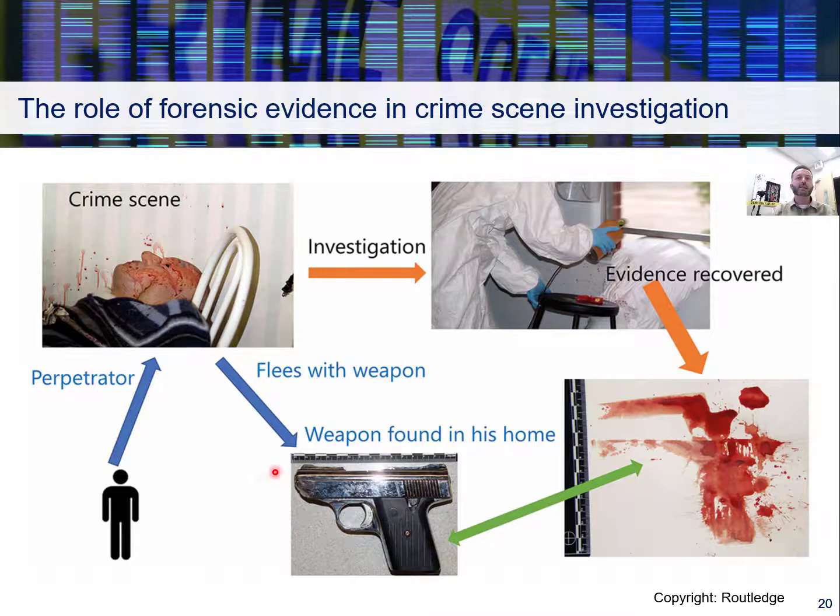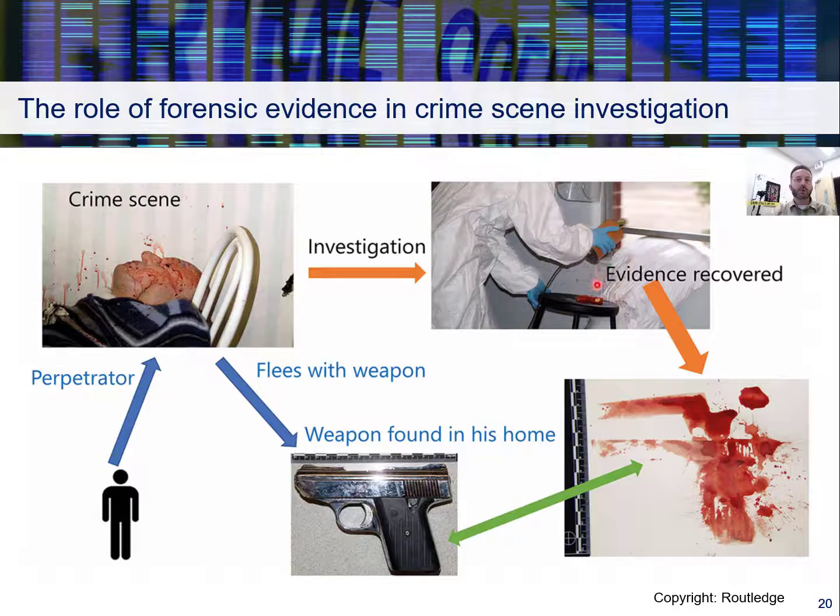So in this case, the perpetrator of the shooting enters a home and kills the victim with a gun, which he takes with him when he flees the scene. Per the exchange principle, contact between the perpetrator and the scene has created physical evidence. The scene will retain traces of the perpetrator, and the perpetrator will carry with him the traces from the scene.